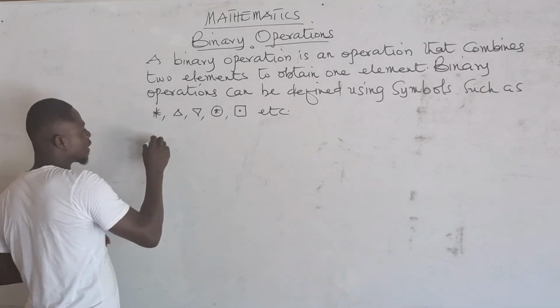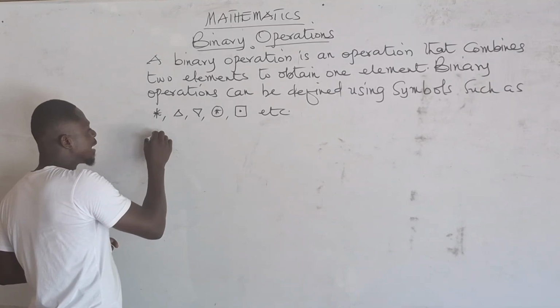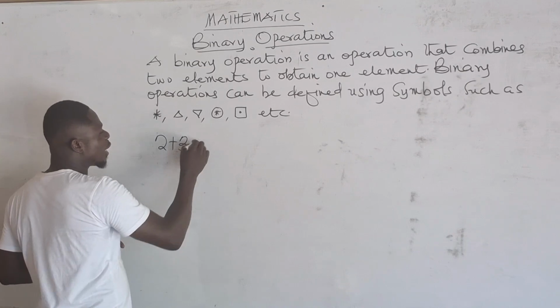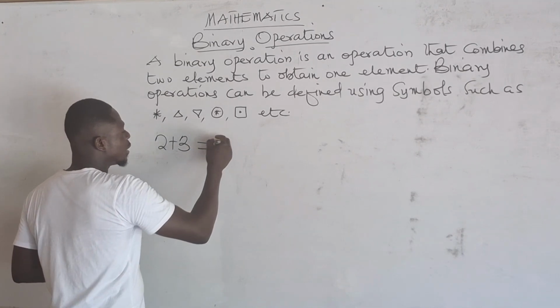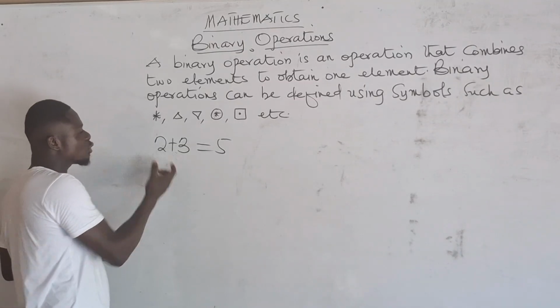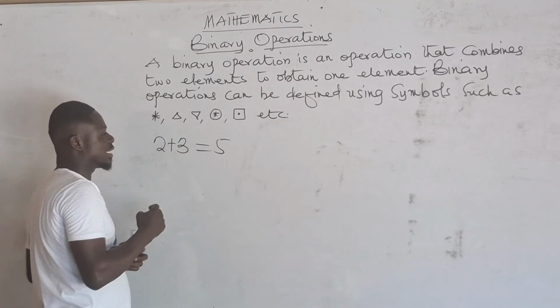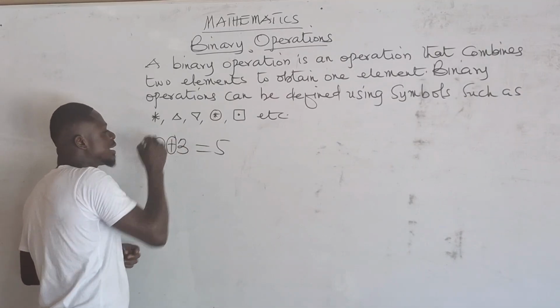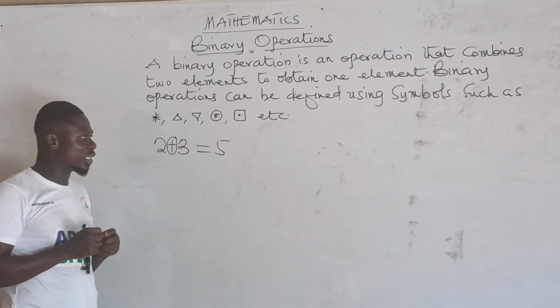So we have addition. Now when we write 2 plus 3, 2 plus 3 will produce an element which is 5. So the moment 2 and 3 are added and it is producing an answer which is 5, this operation is called a binary operation.